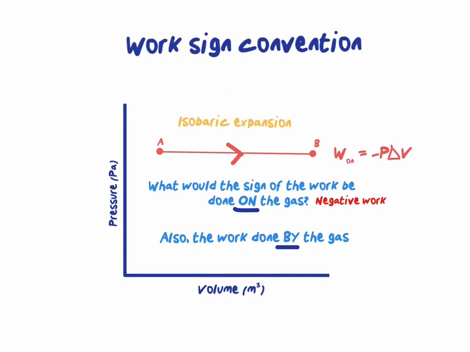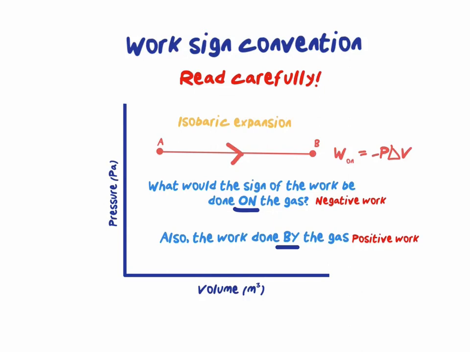Now, if you were writing work done by the gas for the exact same process, that would just be a positive value. So always be careful that when you're dealing with the first law of thermodynamics, you read carefully to assess whether you're looking at work done on or by the gas. Most of the time, we're going to assume that the work is being done on the gas. That's the perspective we're going to look at. But it can change, so read carefully.